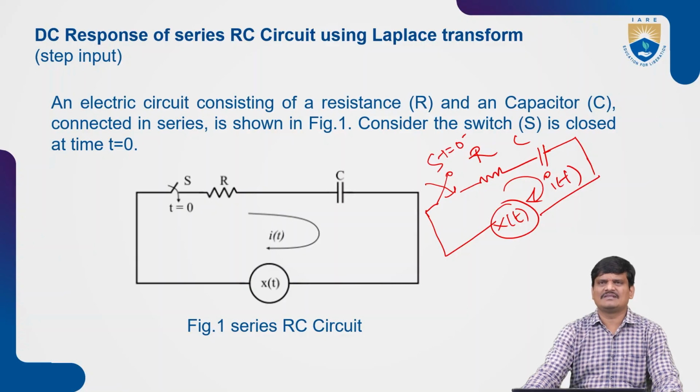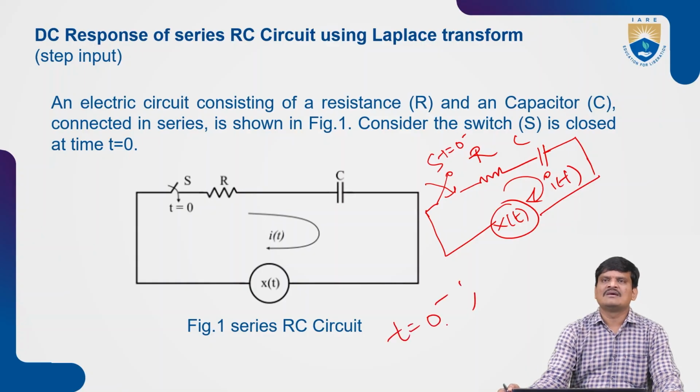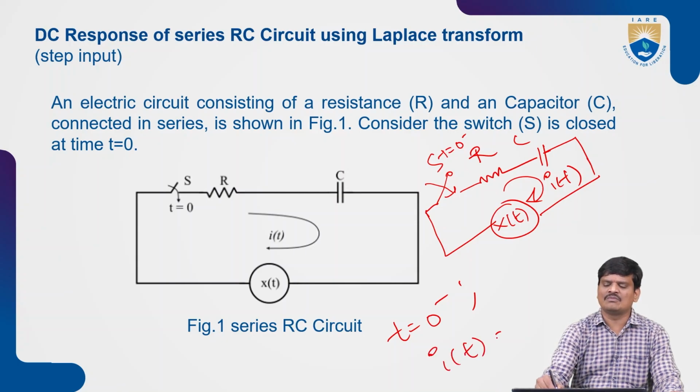By seeing the circuit, we can clearly state that in the initial stage, when t equal to 0 minus, the value of current flowing in the circuit will be equal to 0. Why? Because at t equal to 0 minus, the switch S is open.